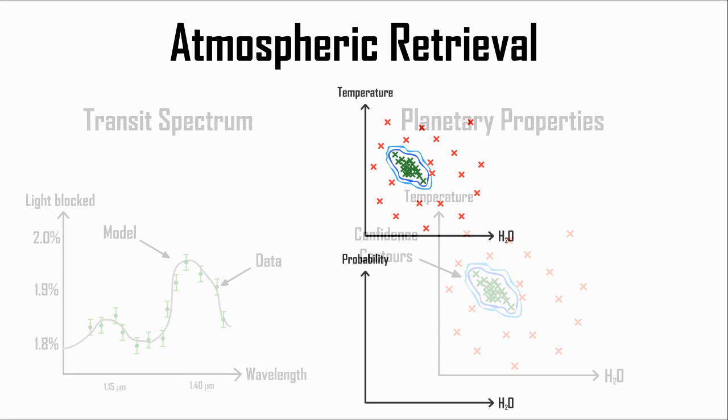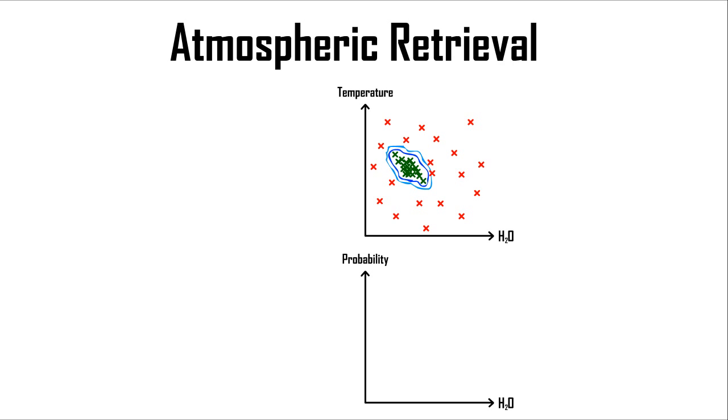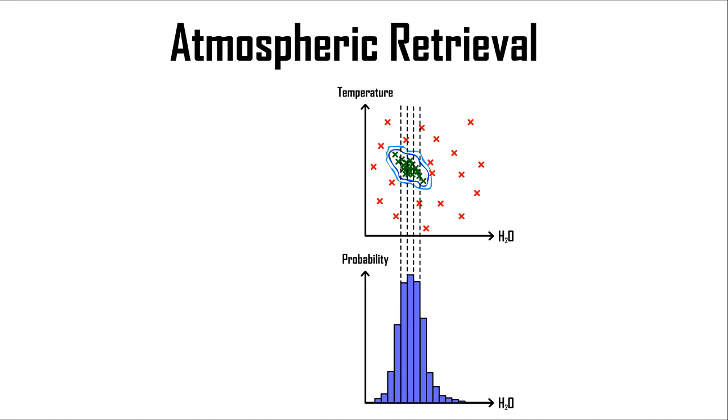And once you've found them, then you can do something really clever. Here's the idea. In this simple example where we're just considering an atmosphere at a constant temperature and just with water in the atmosphere, what we can then do is if we draw vertical lines down, we're basically counting how many models there are at a given value of the water for all possible values of the temperature.